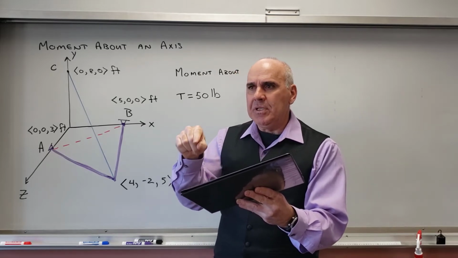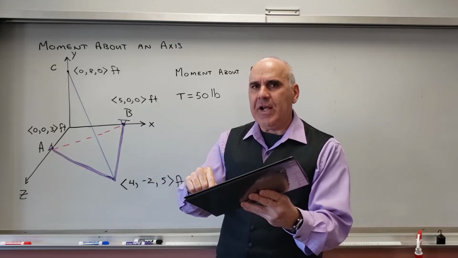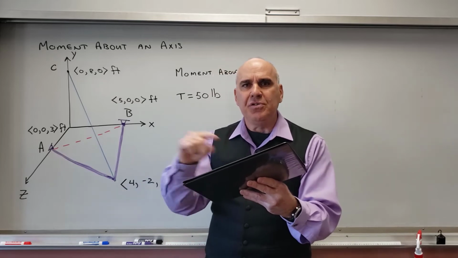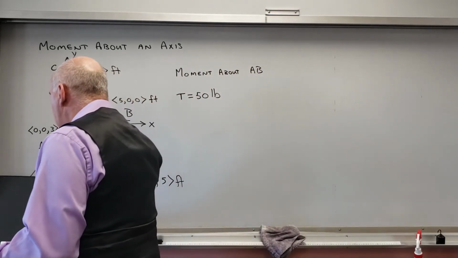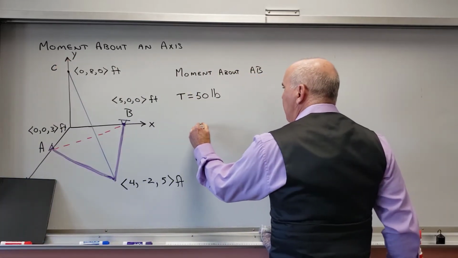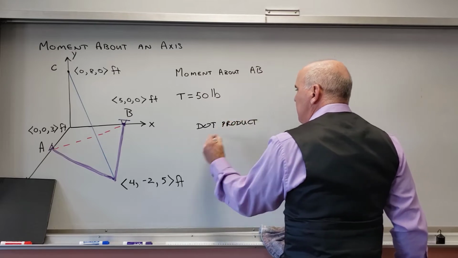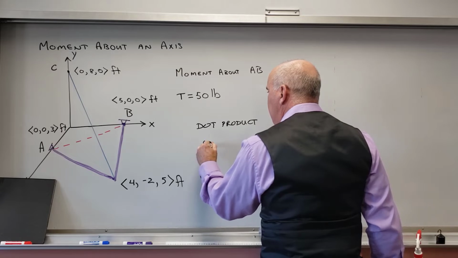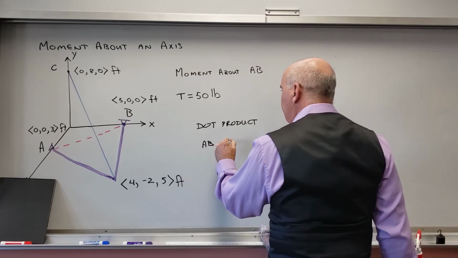The component of one vector along or parallel to another vector has its roots in the dot product between those two vectors. So I need a dot product between the axis, which I'm going to call AB, and the moment itself.